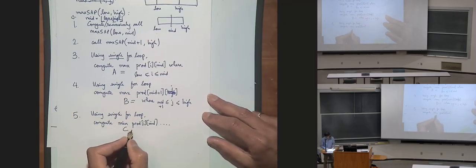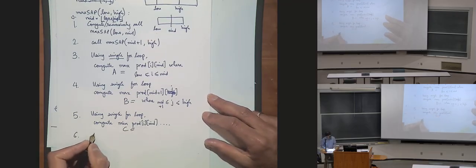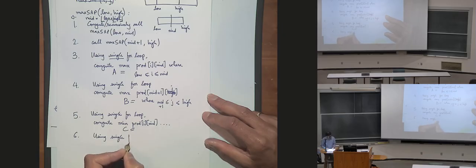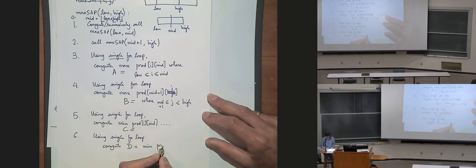Let me call this C, and then also using a single for loop, compute D, which is the min of product mid plus 1 to j.